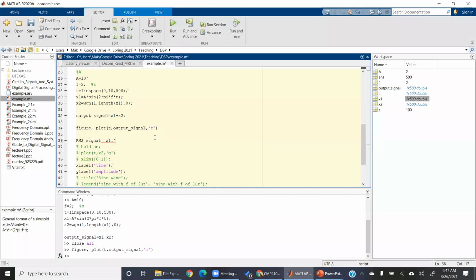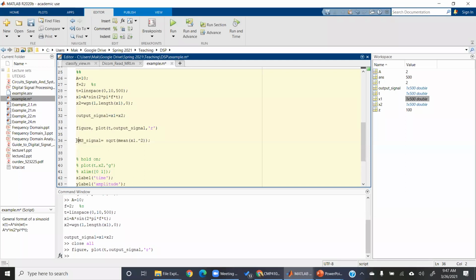A power is this hat, but since you want to square every element in that vector, you use this dot notation. That's something that you should look out for. So you're squaring, then you find the mean, and then you find the square root. As simple as that. So that's how you determine root mean square of a signal.